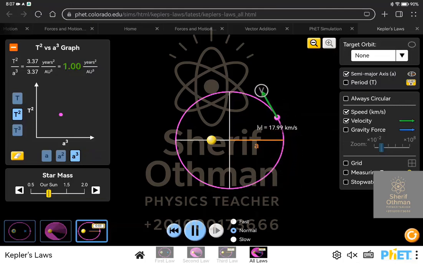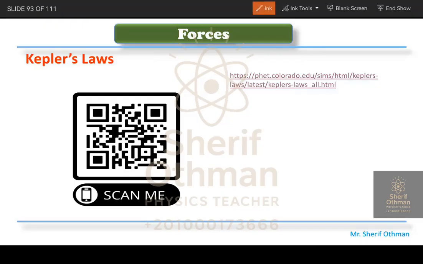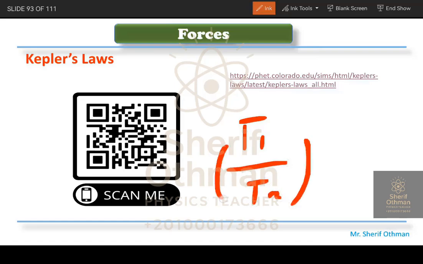So for different planets, Kepler's third law can be defined as the following: (T1 over T2) squared is equal to (R1 over R2) cubed. 1 and 2 represent the first and second planets.